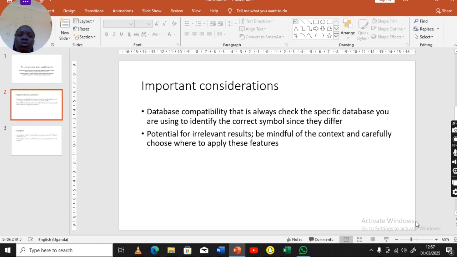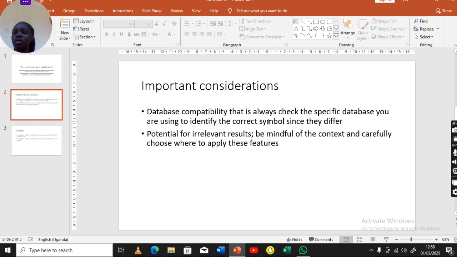That's what you should know when you're using truncations and wildcards as part of your search strategy. When I talk about database-specific symbols, I mean always check the specific database you are using to confirm which symbols are used for truncations and wildcards, because not all symbols that you use in truncations can be used in wildcards.